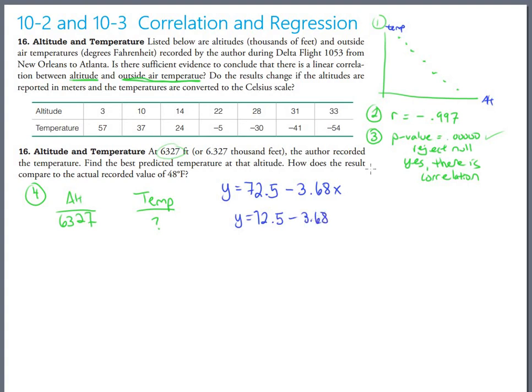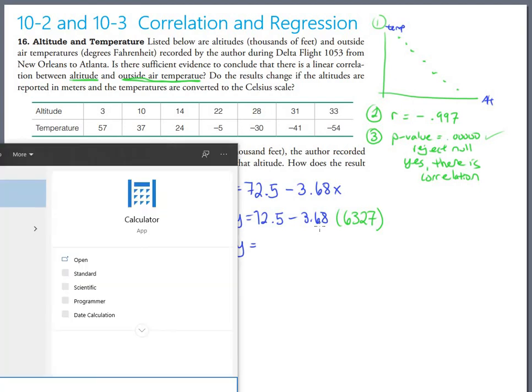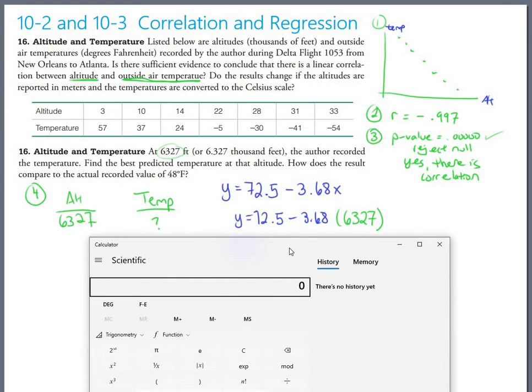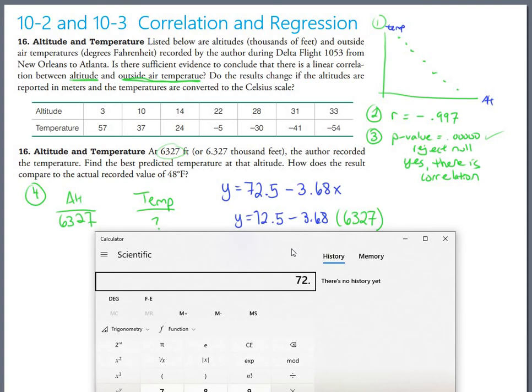So that just says temperature at that altitude should be, and we just need a calculator. So we need 72.5 minus 3.68 times 6,327.